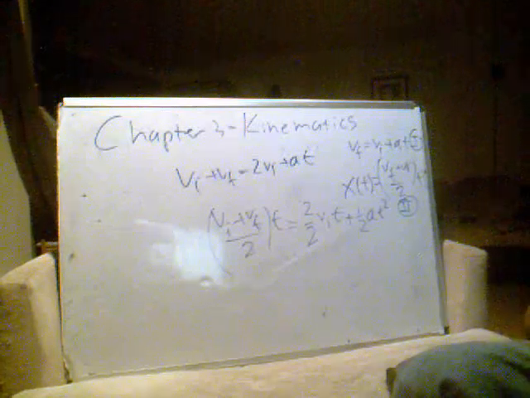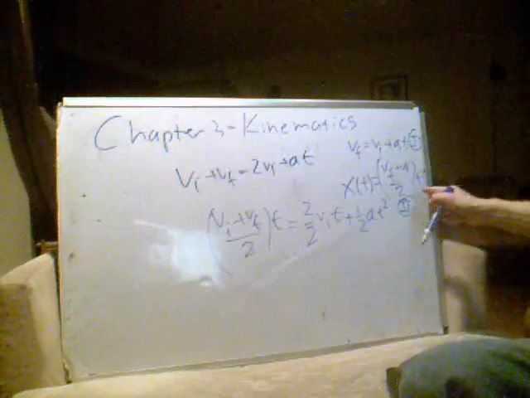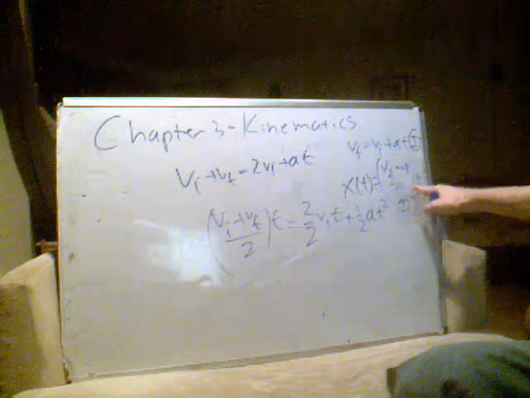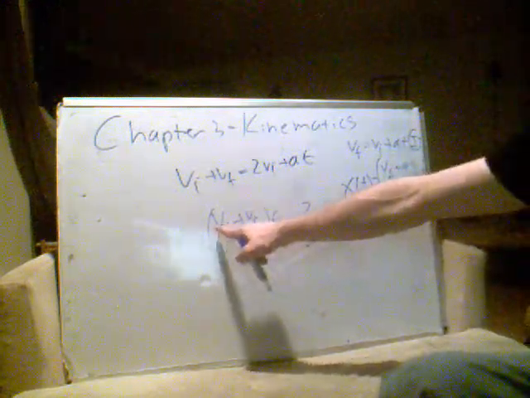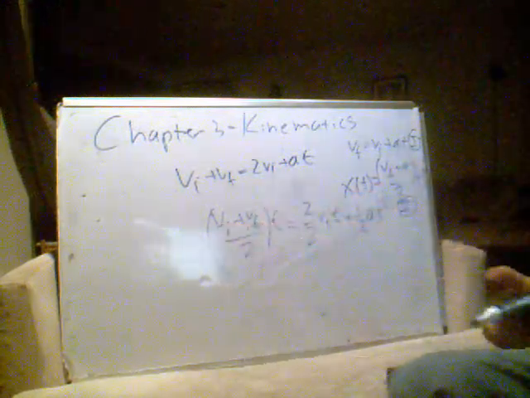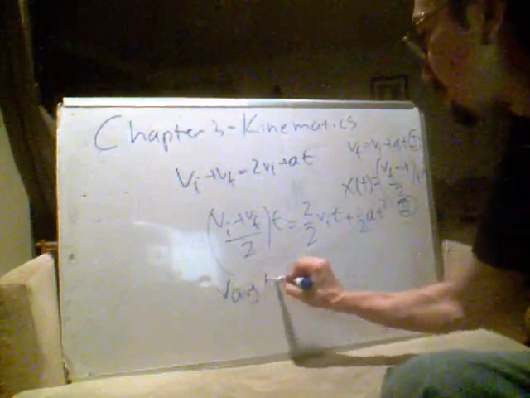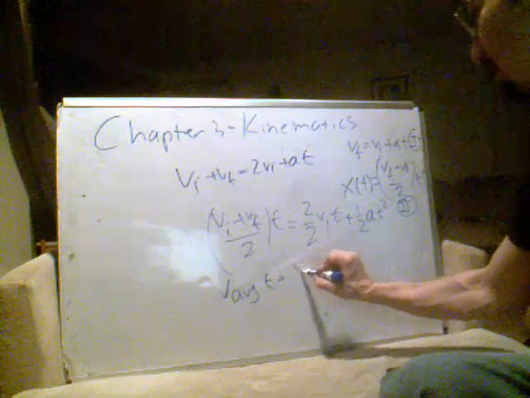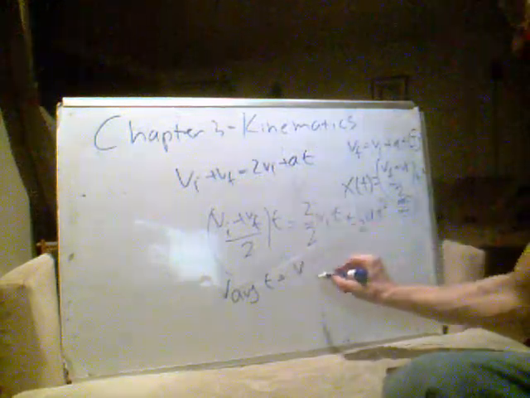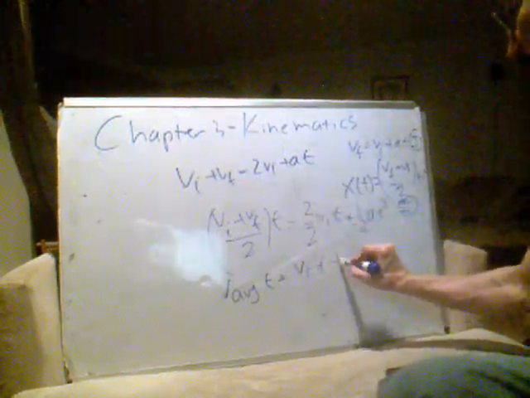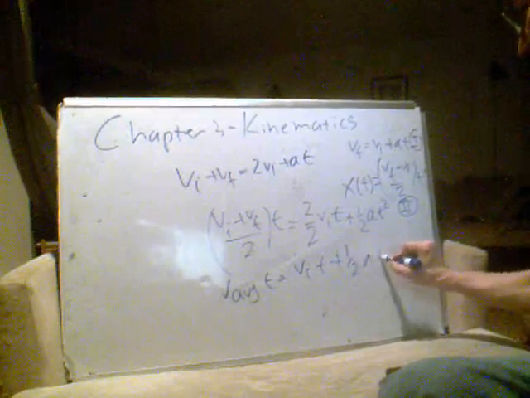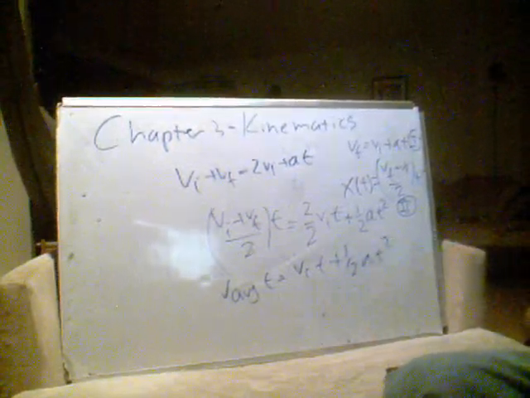Now, let's look very closely. We said before this was our average velocity, right? The initial velocity plus final velocity over 2. So this is v average times time, and that is equal to, now 2 over 2, that's just 1, so initial velocity times time plus 1/2 a t squared.